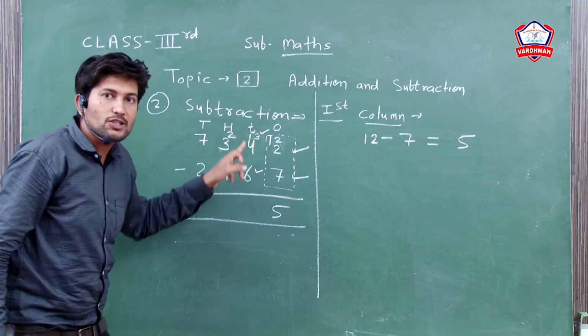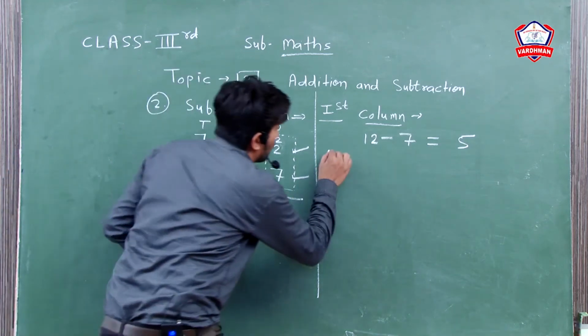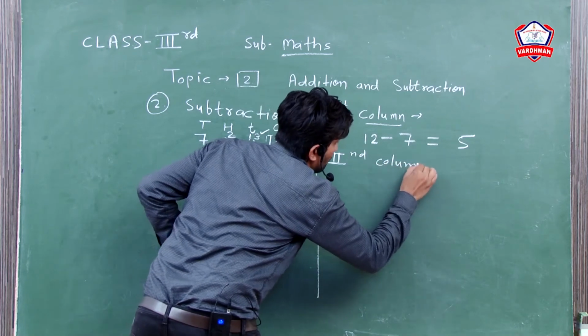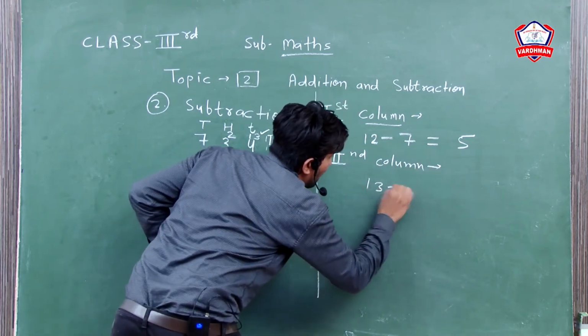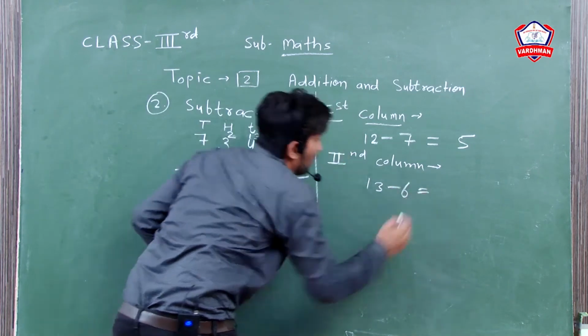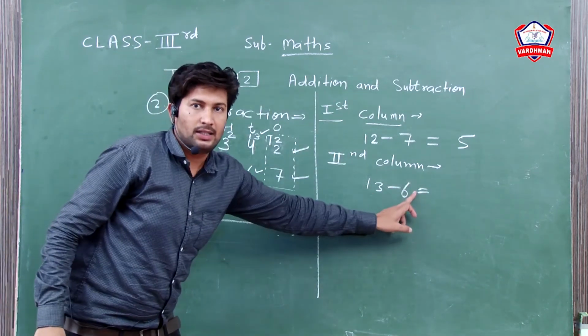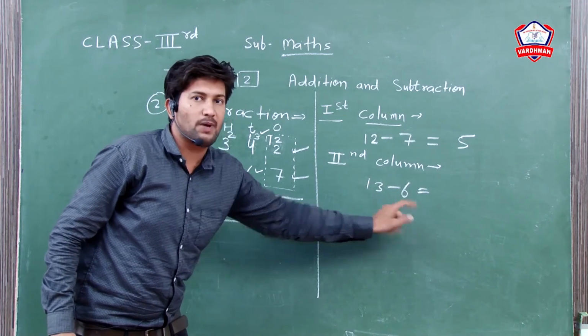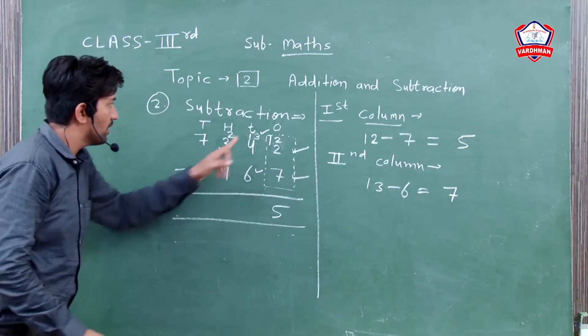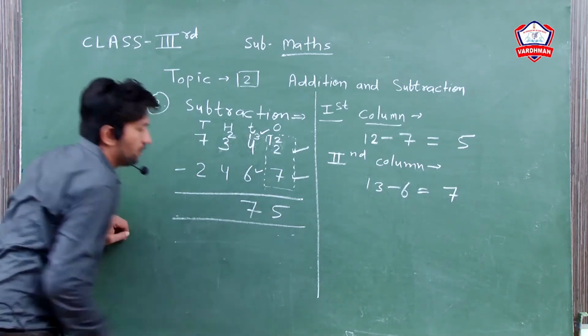Now 13 less 6, column number second. Now we will easily do the subtraction, 13 less 6. It becomes 7.